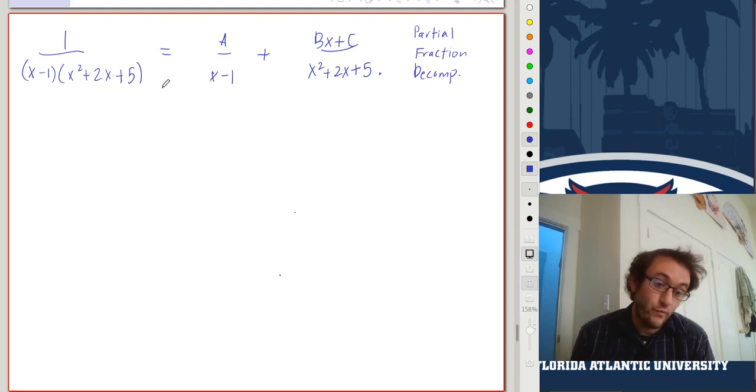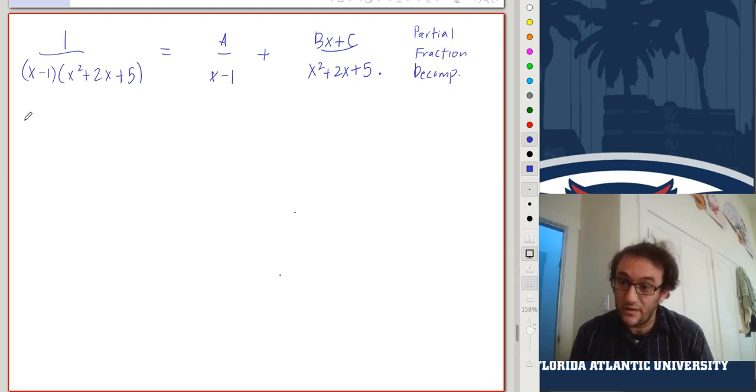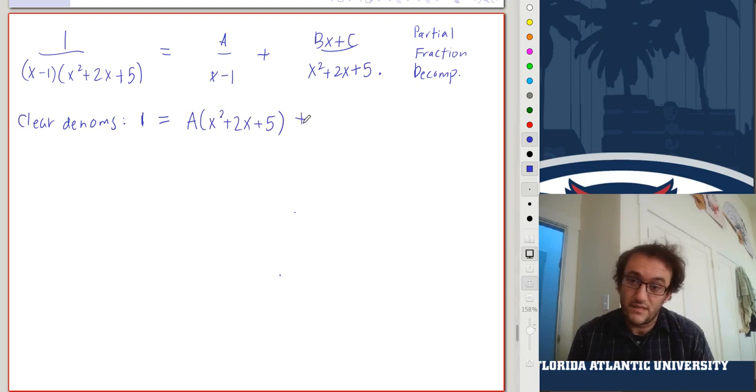Now we solve in the typical way, clear denominators. So we have 1 on the left-hand side. On the right-hand side, we have a times x squared plus 2x plus 5 plus bx plus c times x minus 1.